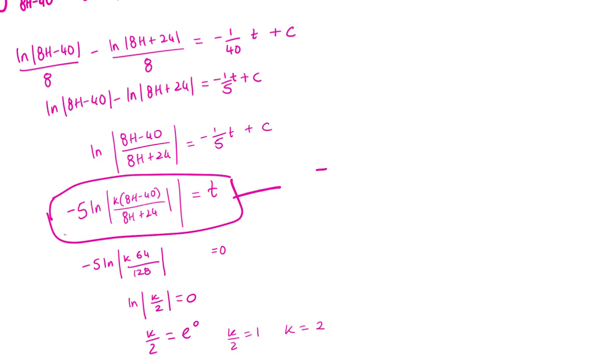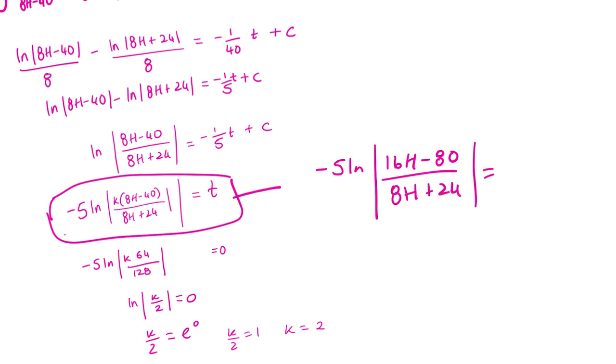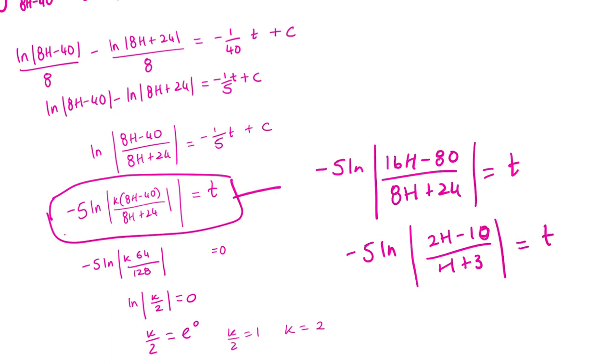So I'm going to have minus 5 ln of 2 lots, so 16h minus 80 over 8h plus 24 equals t. Okay, I can divide everything now. I need to just sort this bracket out on the inside. So if I divide everything by 8, I'm going to have 2h minus 10 over h plus 3. And this equals t.